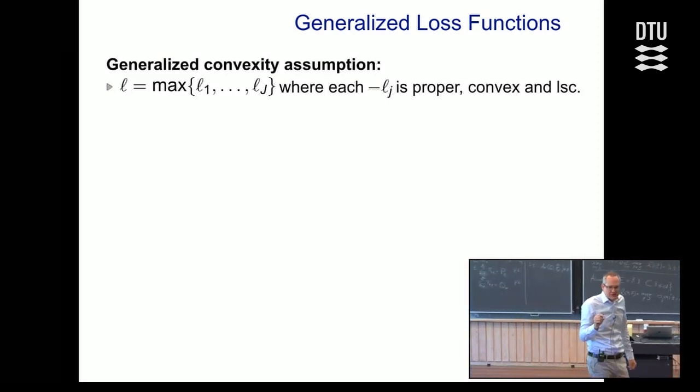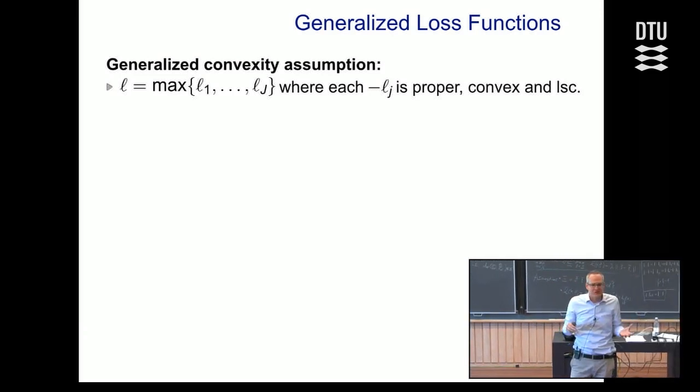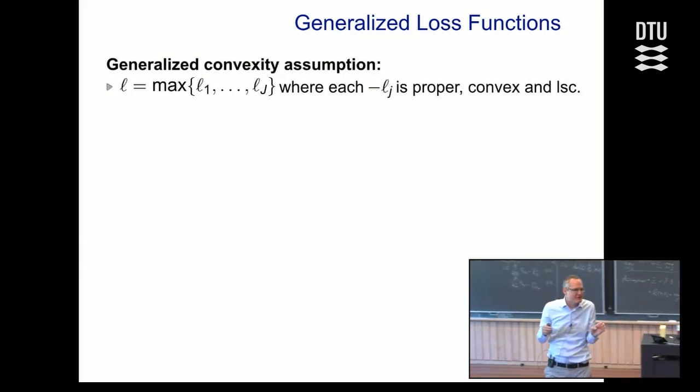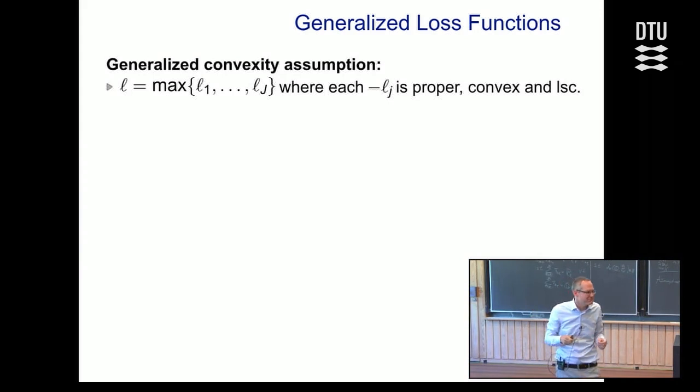And that is useful because taking a maximum of concave functions gives you really a lot of freedom. It's basically every function you can think of, you can approximate by a maximum of concave functions. Okay? And the only thing that matters is that these are finitely many concave functions. But by allowing many pieces, you have a lot of freedom.